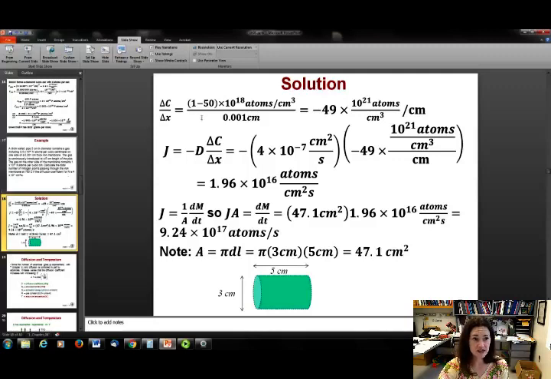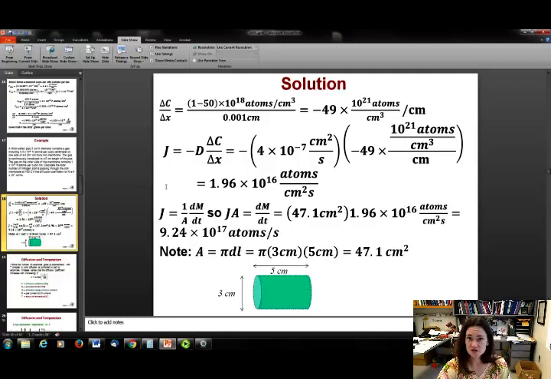And so I'll plug that in here to my delta C. So I have 1 minus 50 times 10 to the 18th atoms per centimeter cubed for my nitrogen concentration on either side of a 0.001 centimeter pipe. Okay, so when I calculate that delta C over delta X, I get minus 49 times 10 to the 21 atoms per centimeter cubed per centimeter. So that's my concentration gradient.